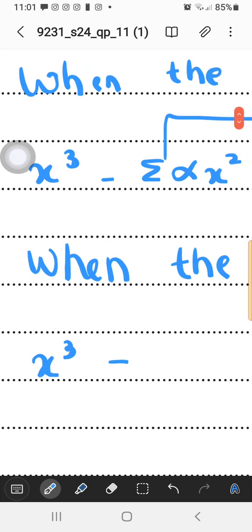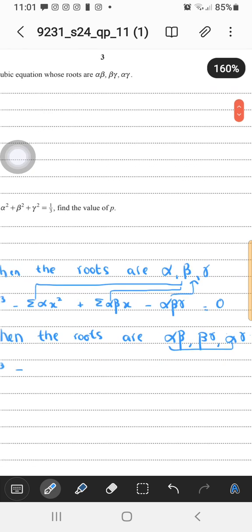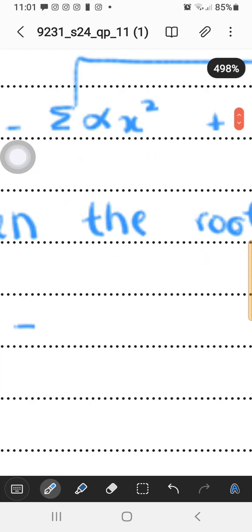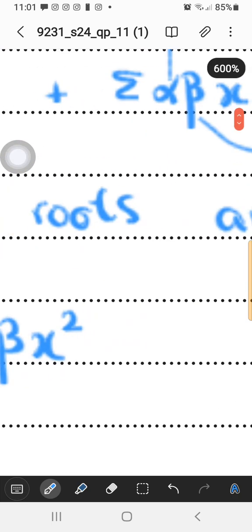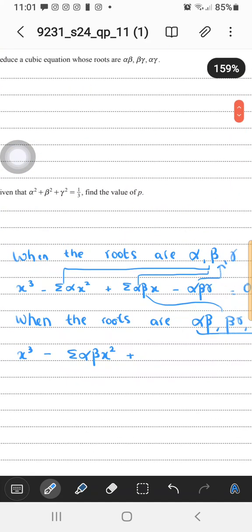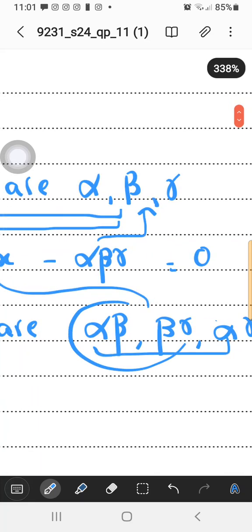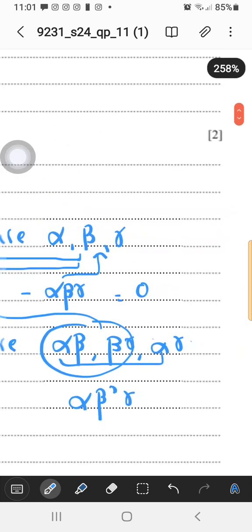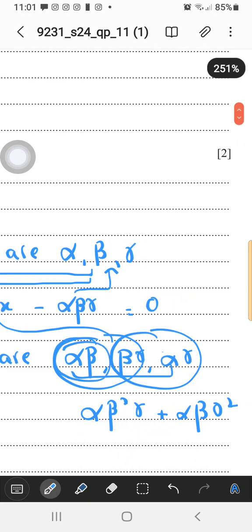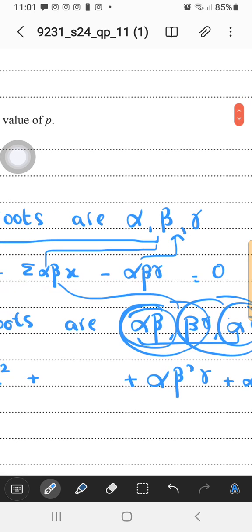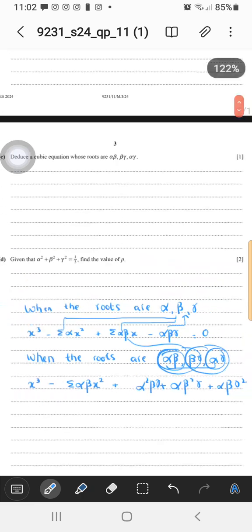Our expression will be like this: x cube minus the sum of these three, known as sum of alpha beta, x square, then plus, now we will multiply these pairs, so it will give us alpha beta square gamma, then alpha beta gamma square, and then alpha square beta gamma.